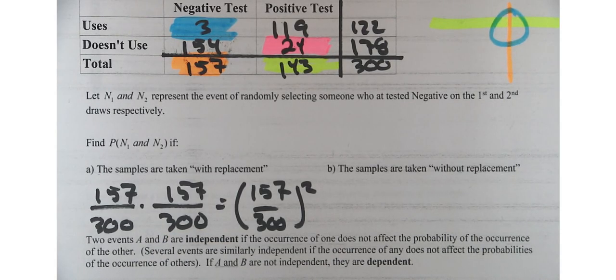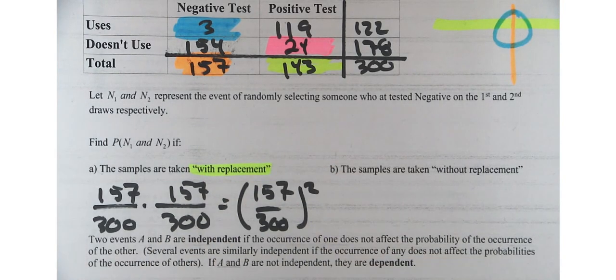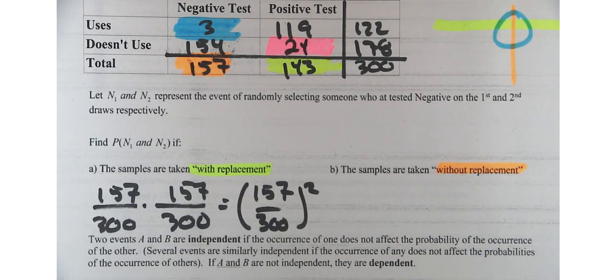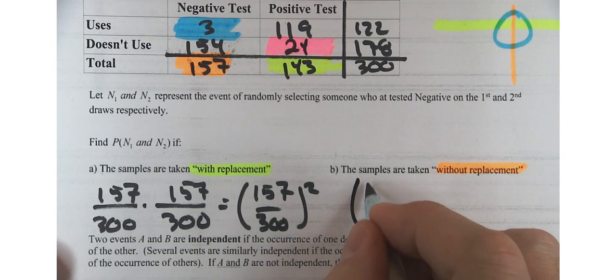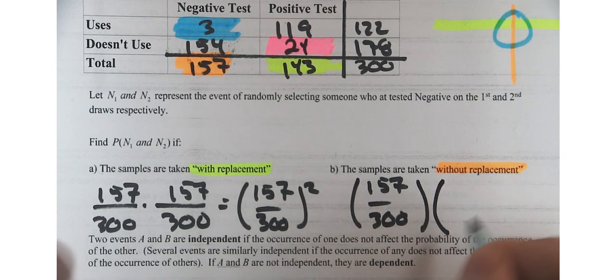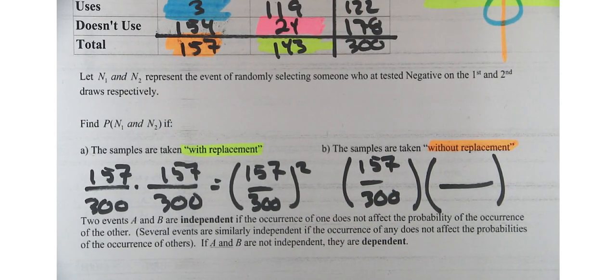That was sampling with replacement. What's the difference if I sample without replacement? Yeah, for the first one, it's 157 over 300 as before. But then I think I heard a couple voices telling me what happens on the second one. What happens on the second one?